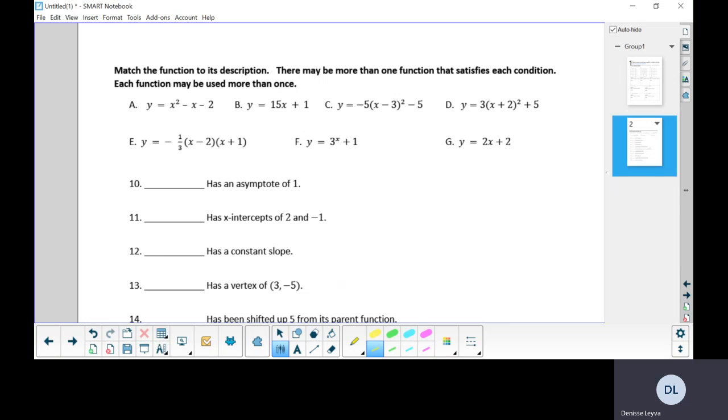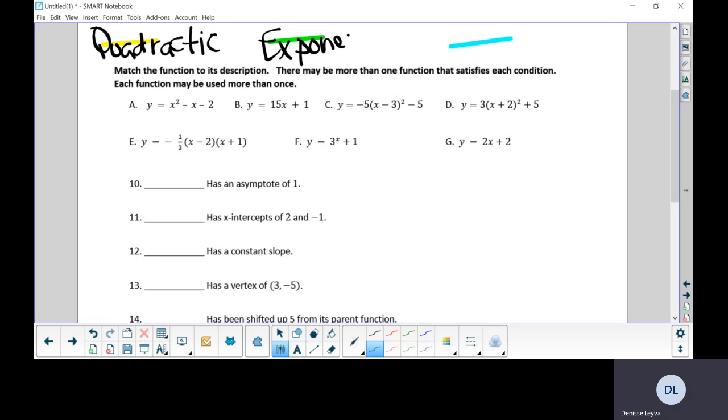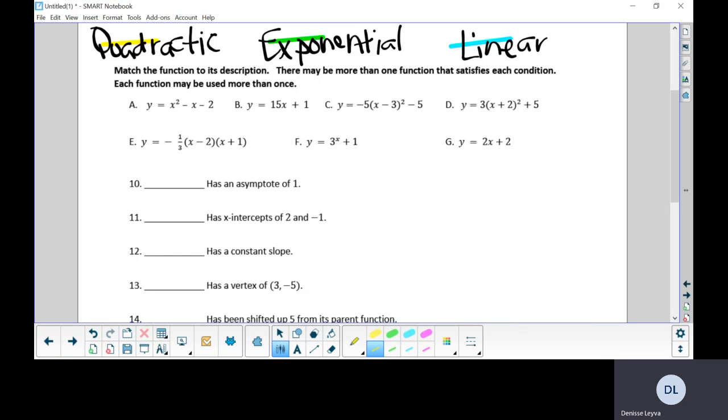I'm going to color all my quadratic functions in yellow, all my exponential functions in green, and lastly, my blue are going to be my linear functions. Now we have to be able to determine which function we have given a special circumstance.